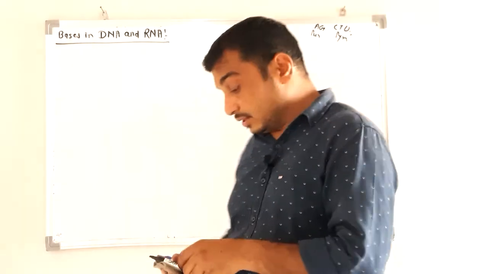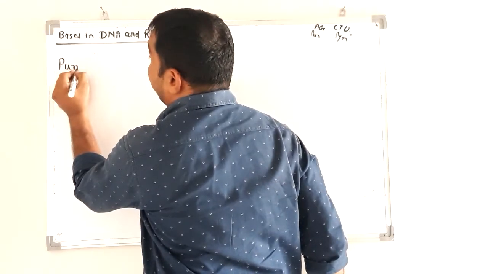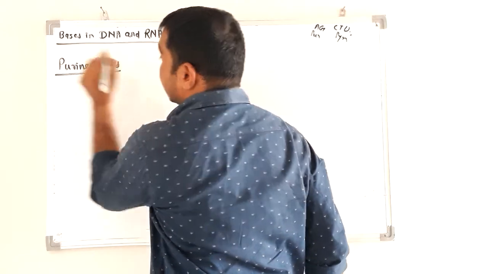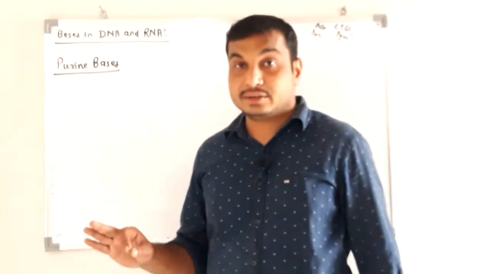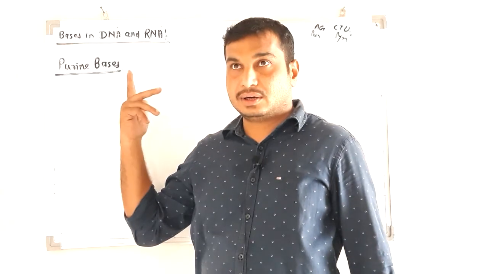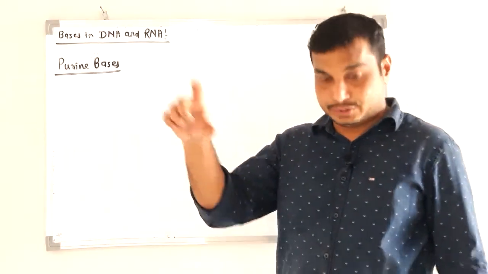One type is the purine bases. Why is it called purine? The heterocyclic compound obtained from DNA or RNA contains a purine ring. Purine is a heterocyclic ring.